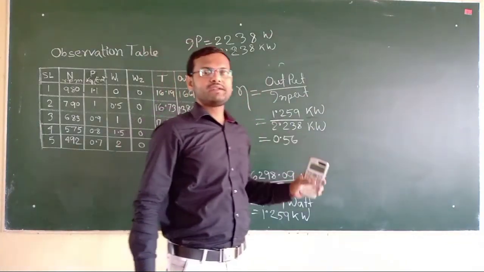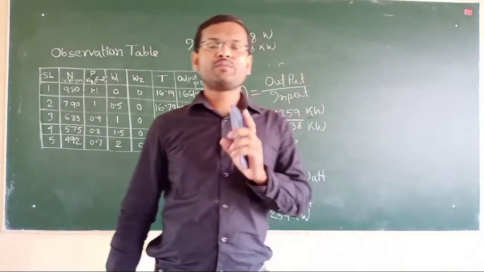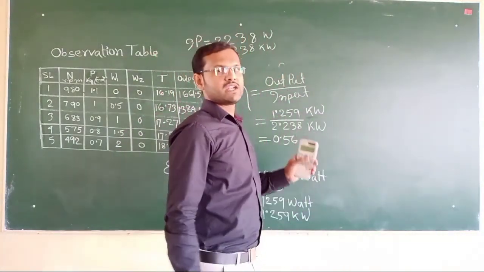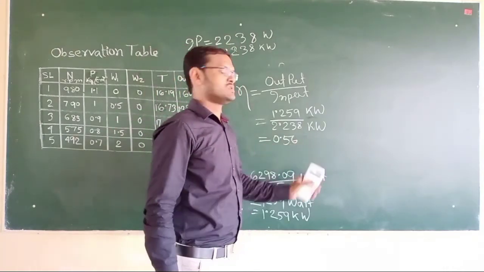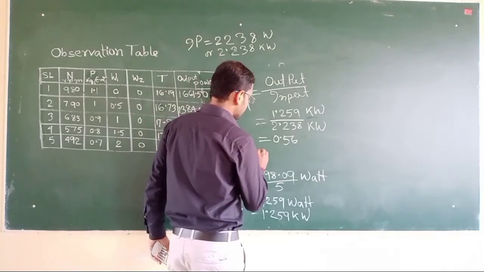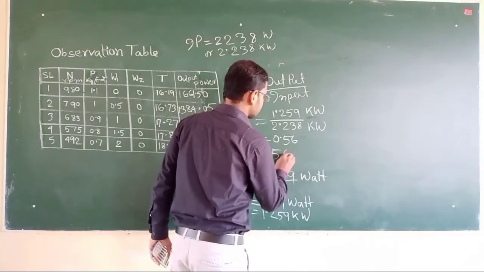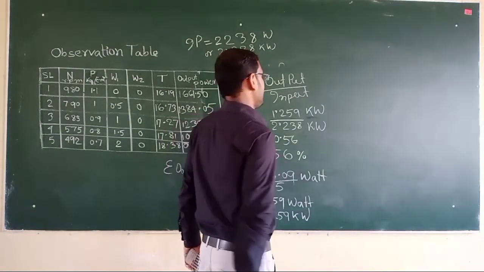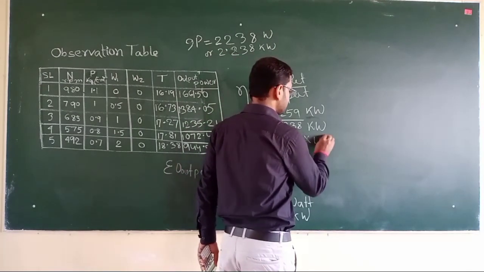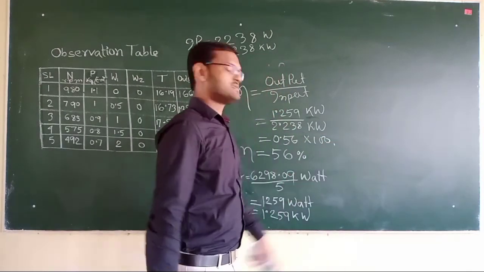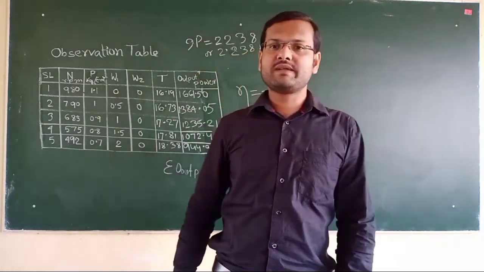So we can write the efficiency of turbine equal to 56%, because we need to multiply 100 with this value. How do we get it? Multiply with 100. Okay, this is our efficiency of turbine, Francis turbine.